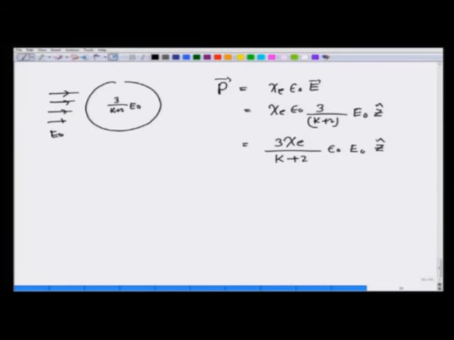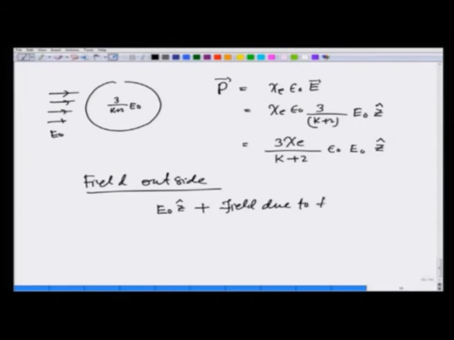That is the P, or the polarization. And therefore, the field outside is going to be E 0 z plus the field due to the dipole moment of the sphere.